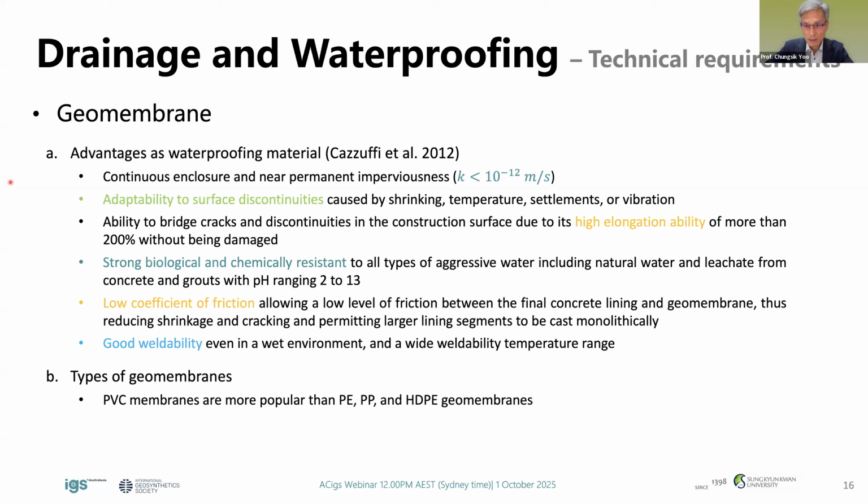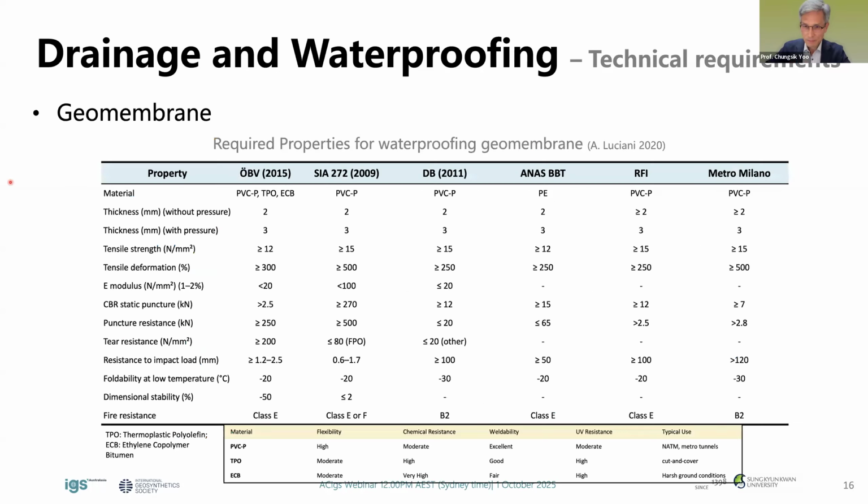Now, among the different types, PVC membranes are the most commonly used, not necessarily because they are better, but mainly because they've been around the longest, okay? These are the technical requirements for geomembranes defined by different countries or projects on their application.